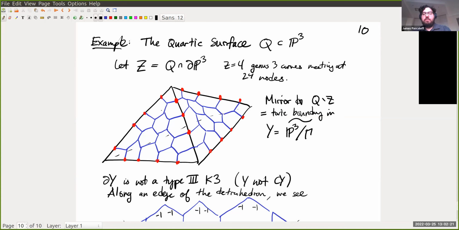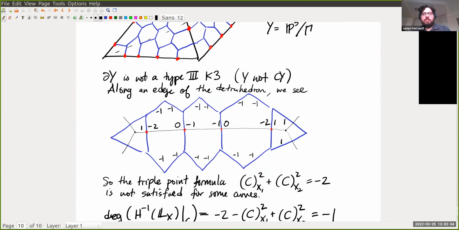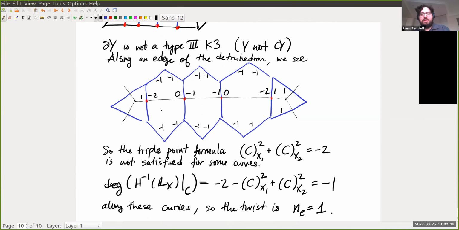Okay, so the mirror of the complement of Z is the toric boundary in this Crepant resolution of P3 modulo the group. And what you'll actually find is that you get something that really is twisted.